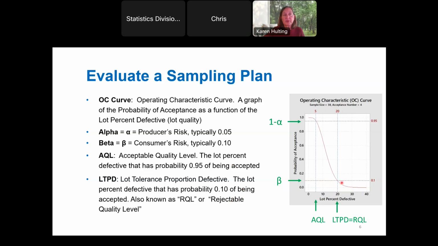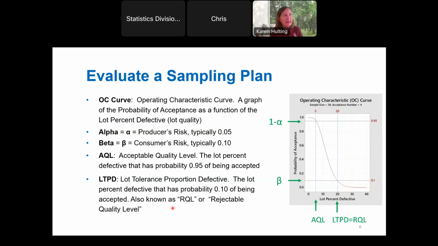What we're illustrating here is with a beta of 10%, we go across, and where that line intersects the OC curve, that percent defective is called the lot tolerance percent defective. And so that's the bad quality level that the acceptance sampling plan will typically detect, right? So that's really important.